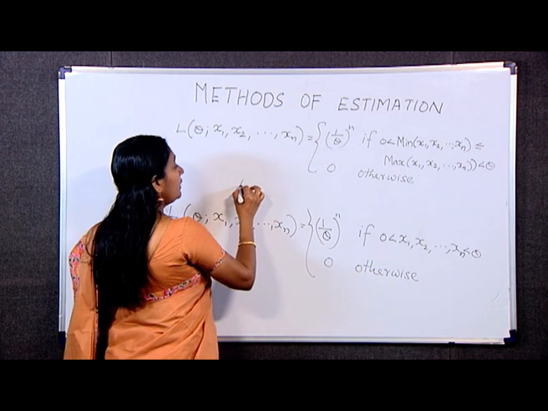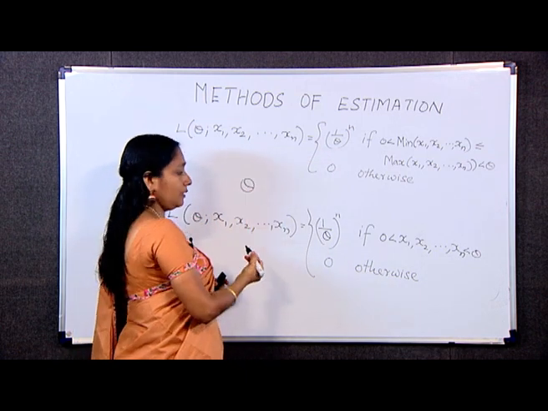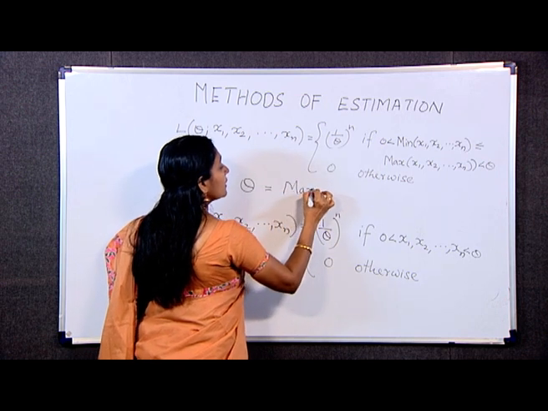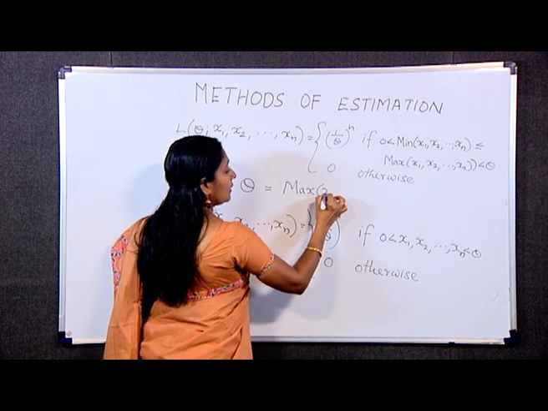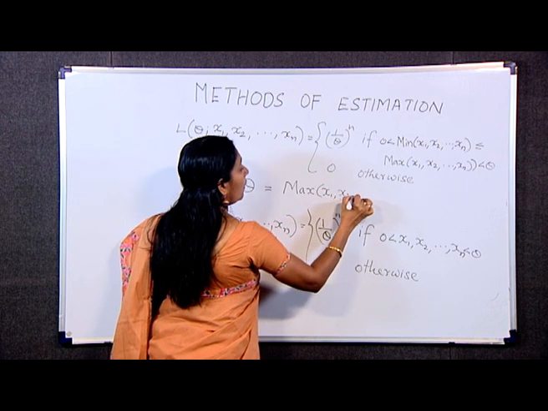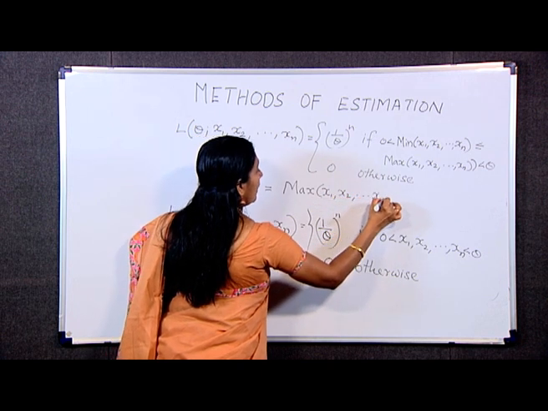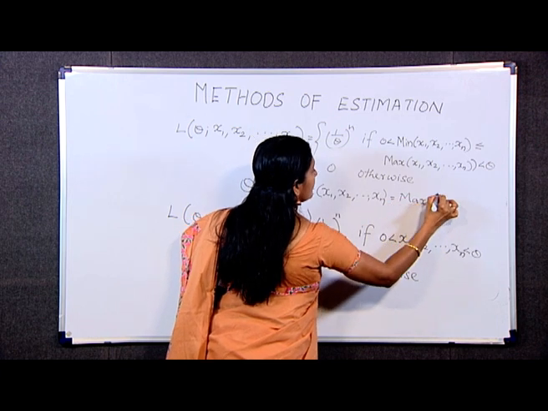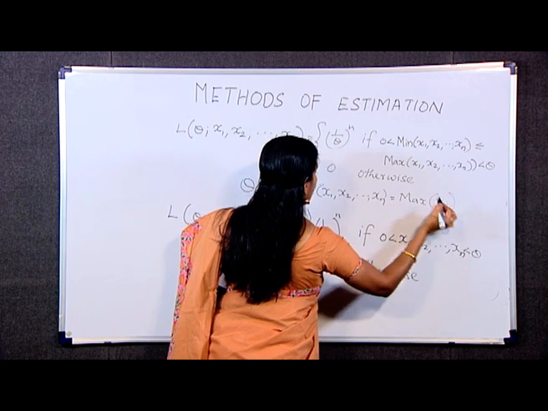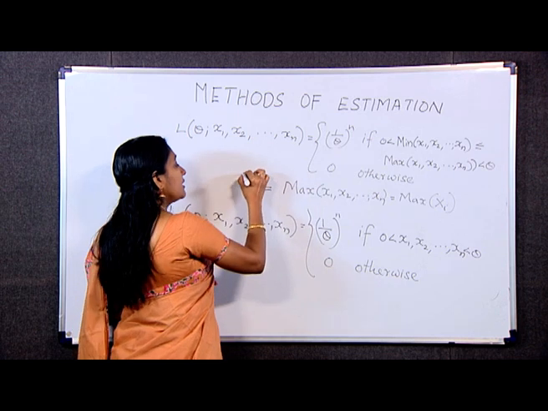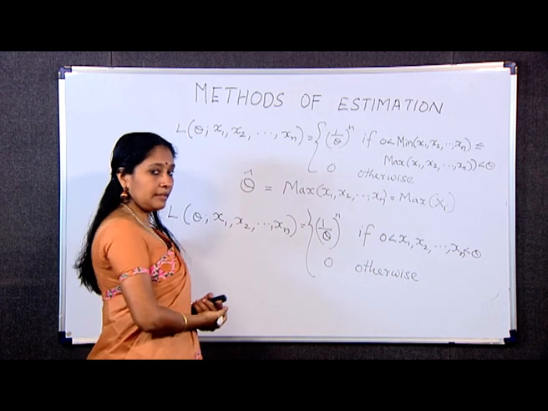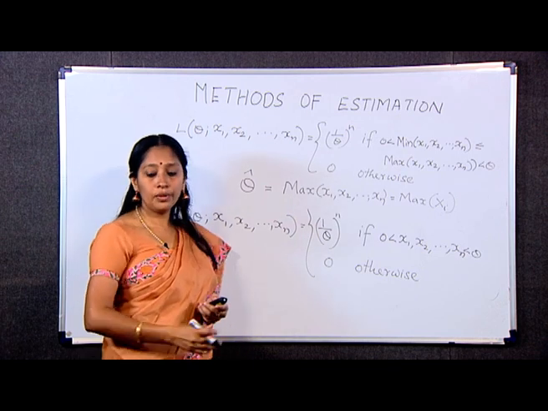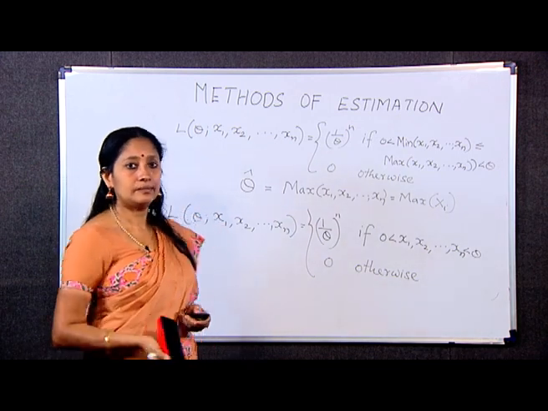Therefore, the minimum value of theta is maximum of x1, x2, ..., xn, or we can write it as maximum of xi. Hence, the maximum likelihood estimator is maximum of xi in the case of uniform 0 theta.